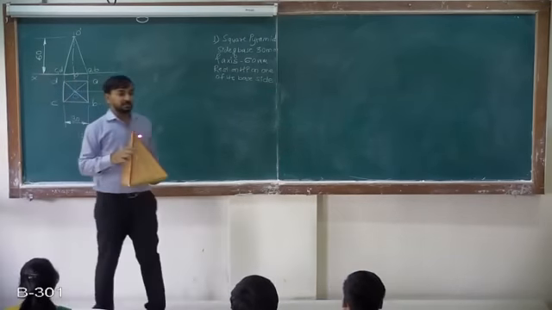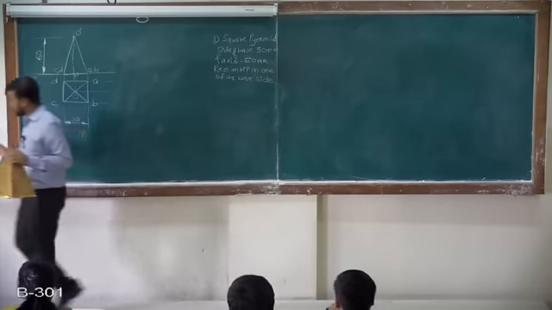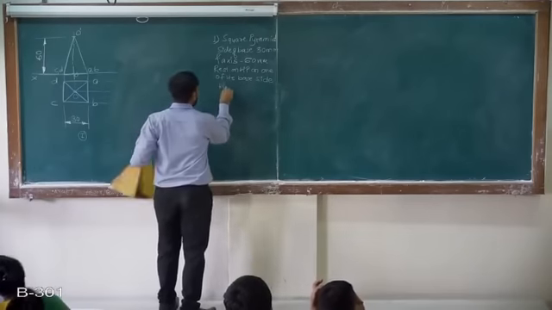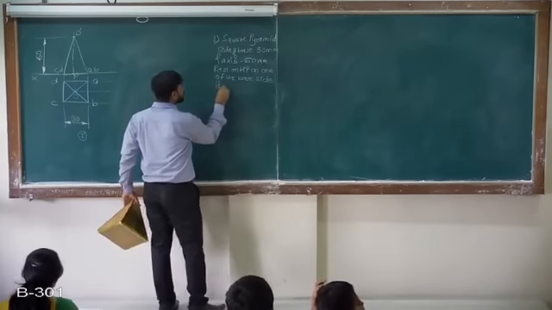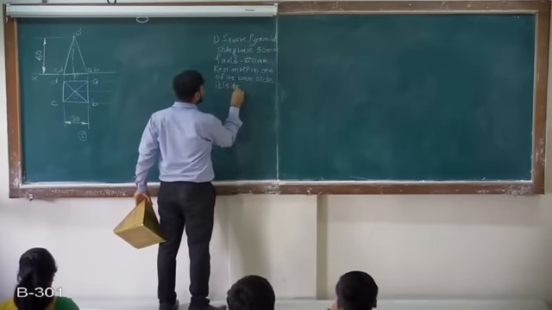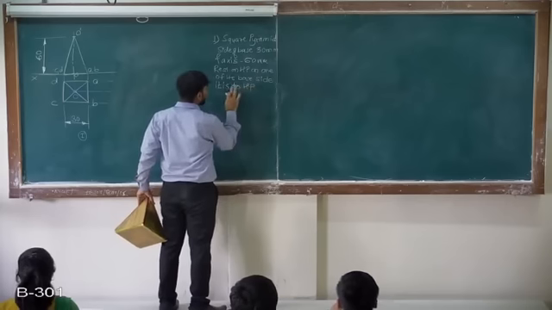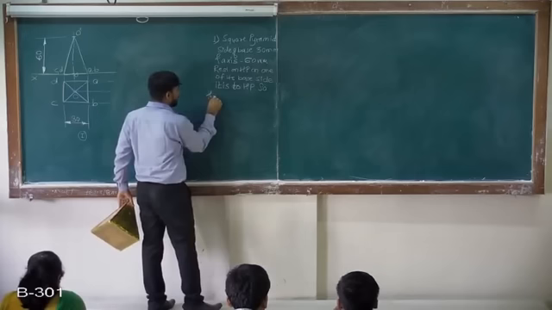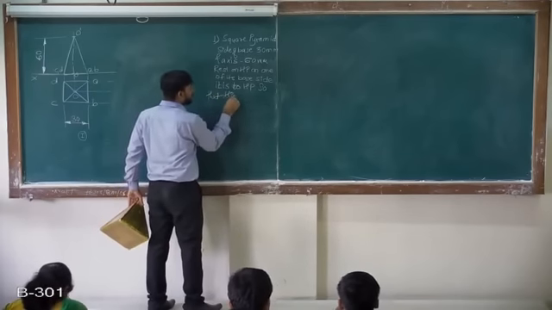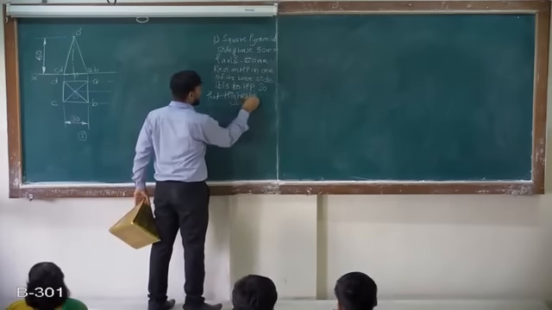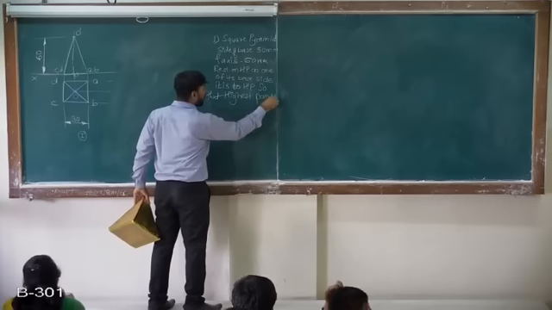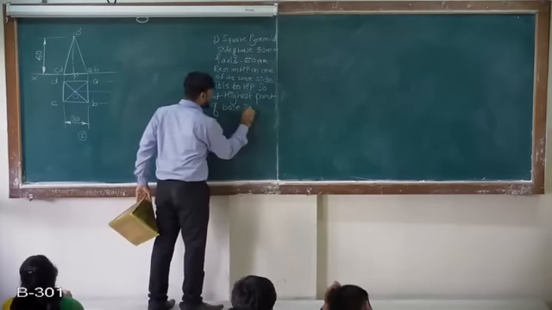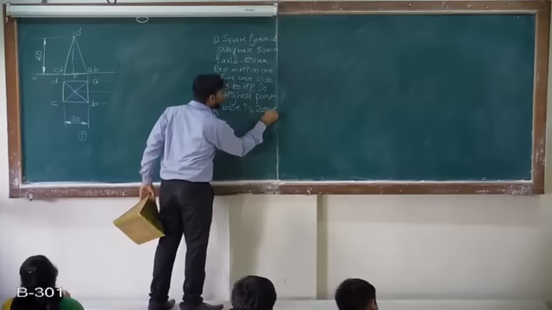Now next I will write the question on the board as the third problem. It is inclined to HP so that the highest point of base is 20 mm above HP.